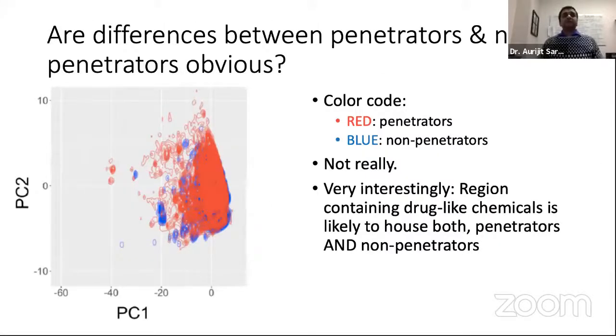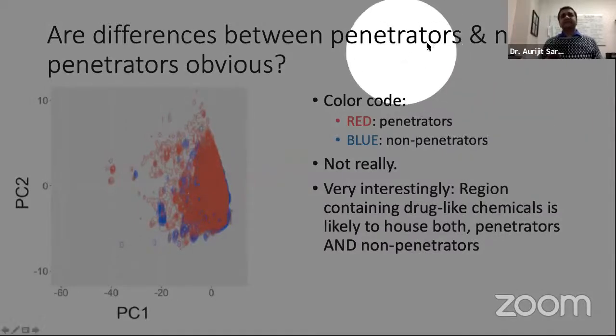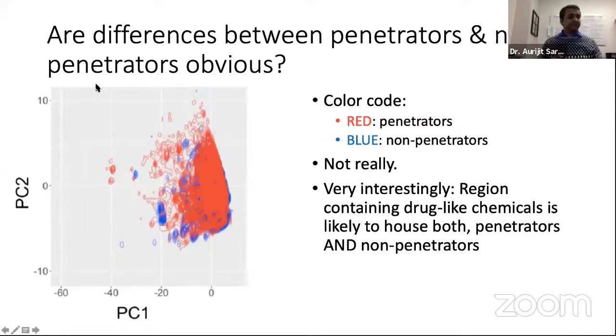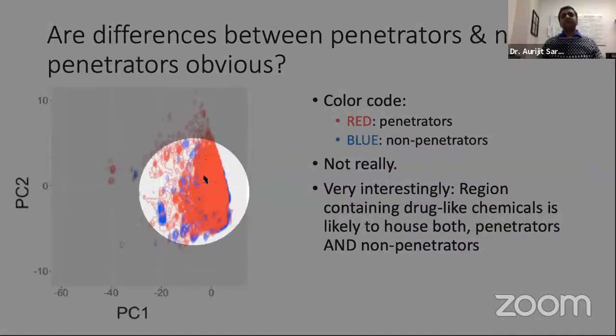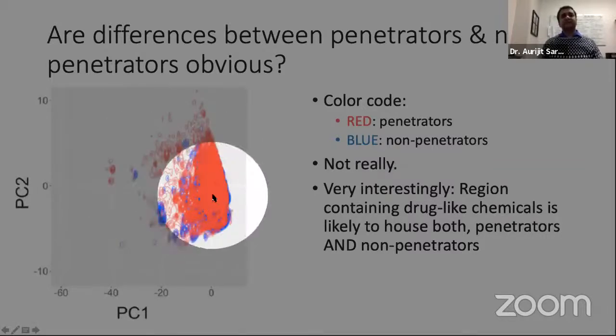So the next question we asked ourselves was, are there differences between chemicals that penetrate the bacterial cell and chemicals that do not penetrate the bacterial cell? And in all honesty, we found that no, there is not really a huge difference between them. Most of the chemicals are, again, in that spot, and they could be penetrators or non-penetrators.